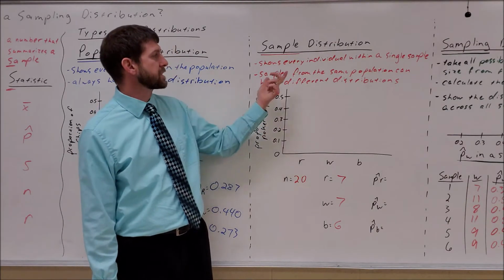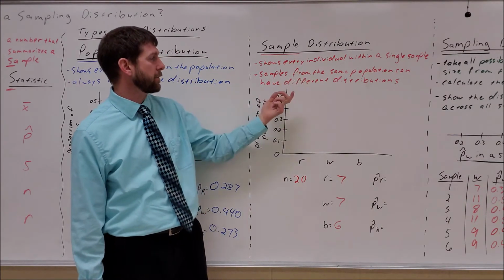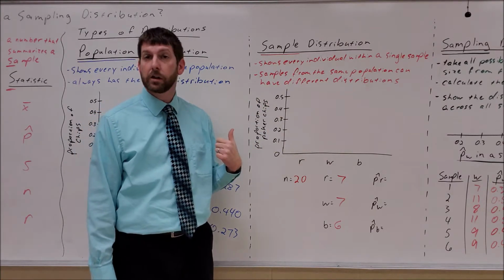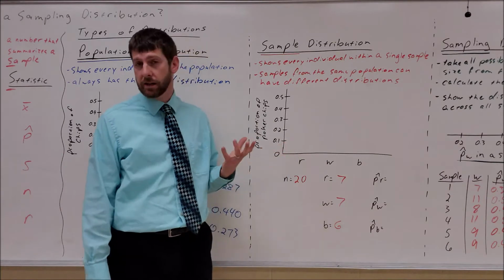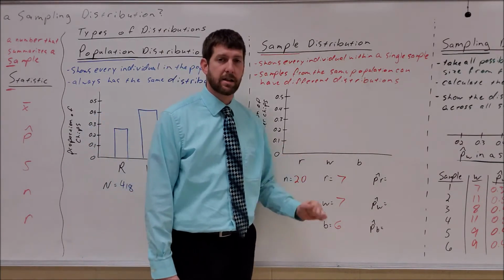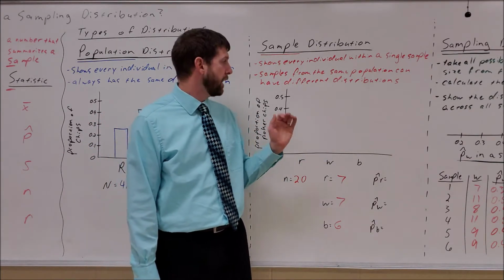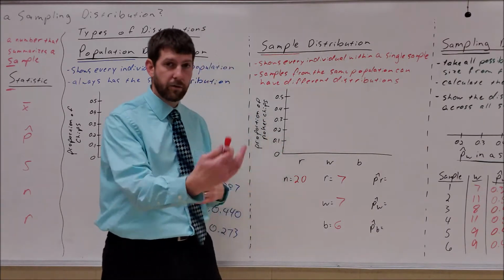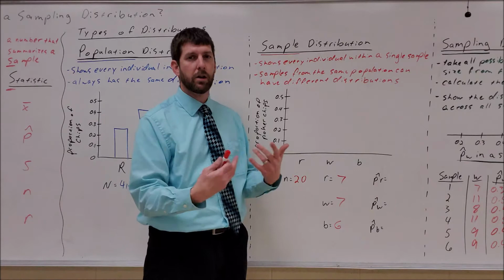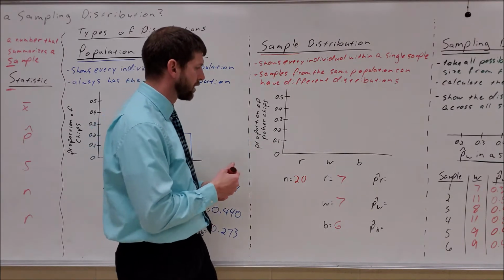Next thing we know is samples from the same population can have different distributions. So if I grabbed a different 20, it may not be 7, 7, and 6. It might be 7, 7, and 6, but it's not necessarily going to be the same. Every single sample could have a different distribution.